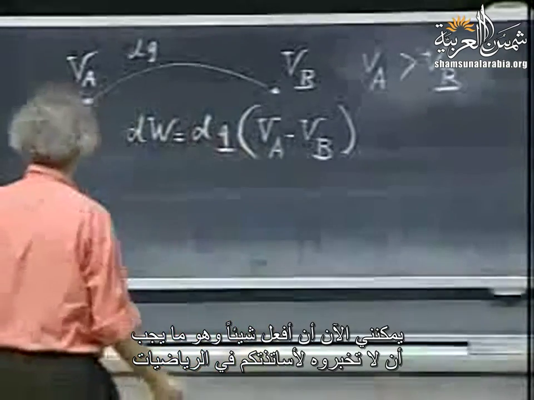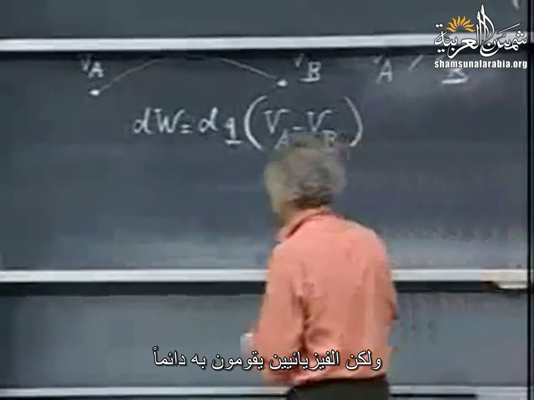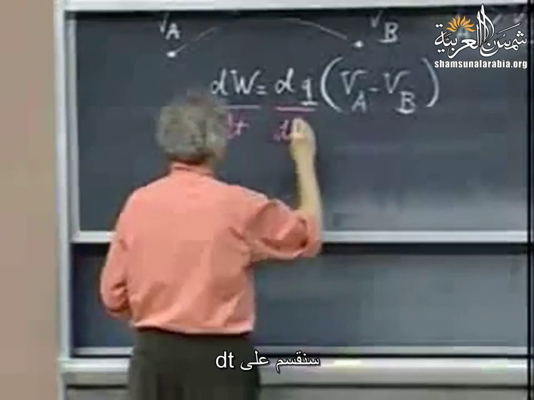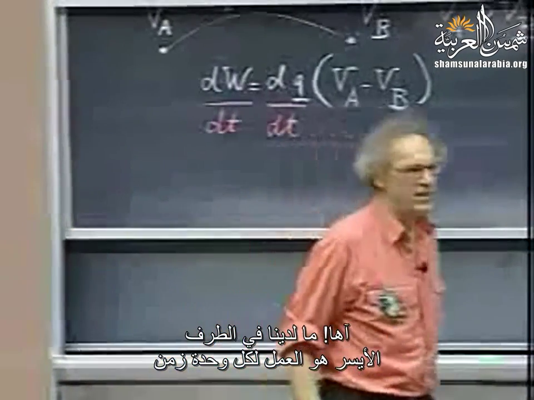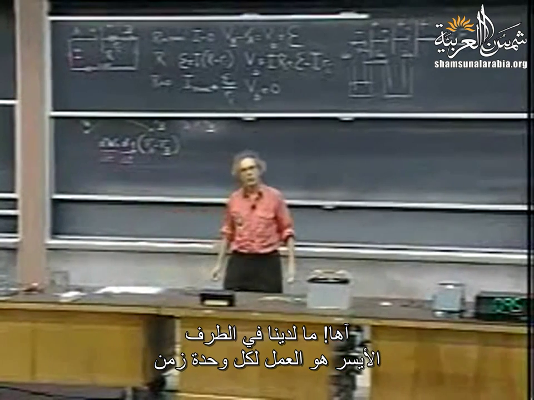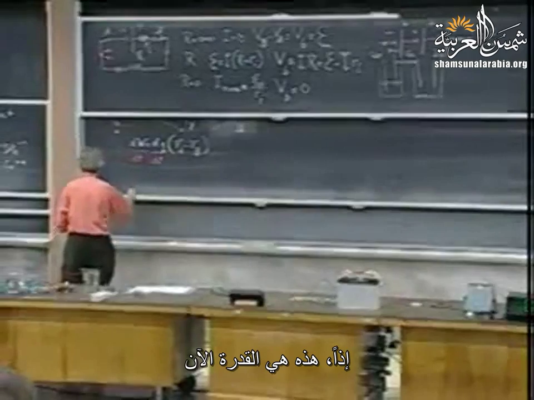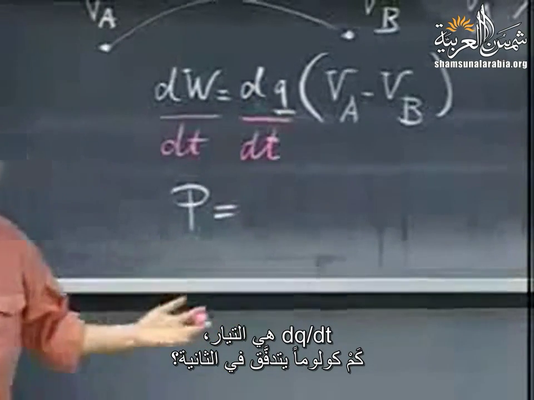I can now do something that you shouldn't tell your math teachers, but physicists do it all the time. We divide by dt. And now we say, aha, what we have on the left side is now work per unit time. That's power, joules per second. So this now is power. dq/dt is current.